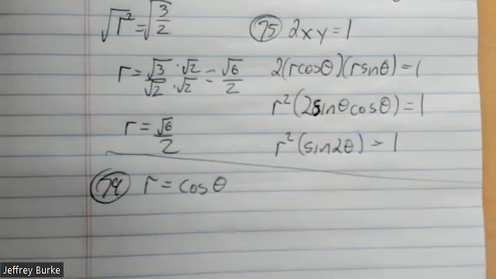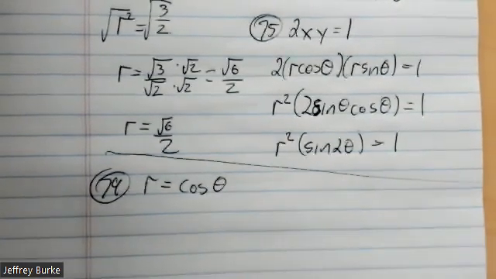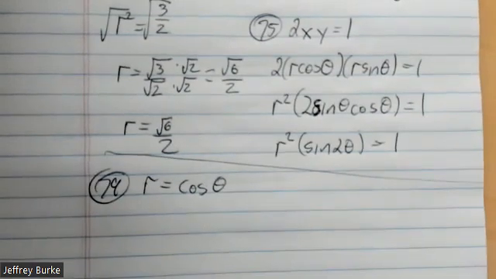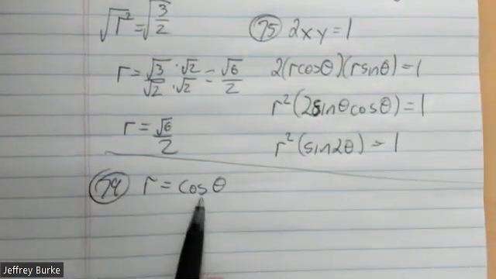And now they want us to go from polar to rectangular. What am I going to do with this one? I can't do much with cosine theta. I need an r here.